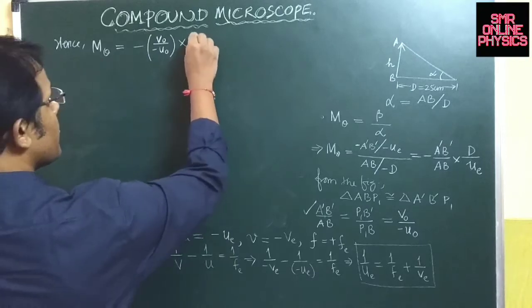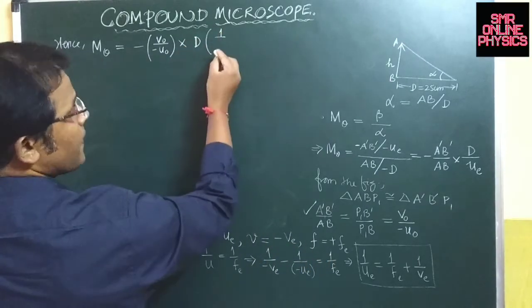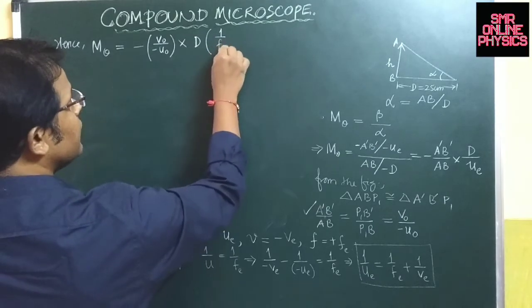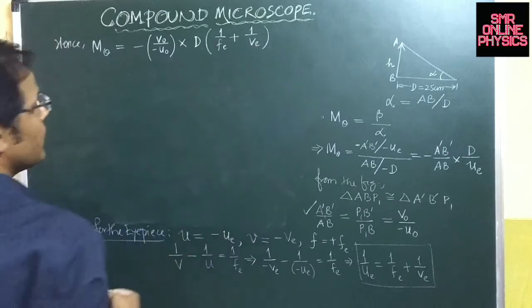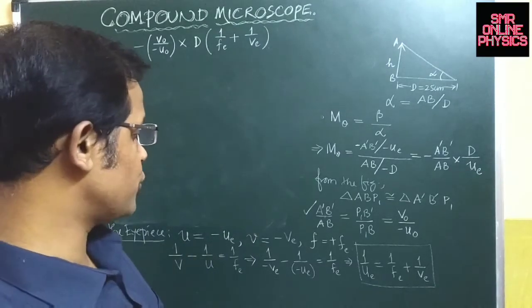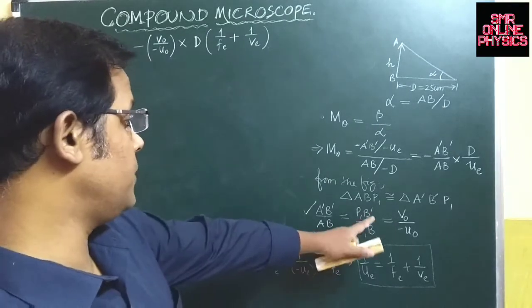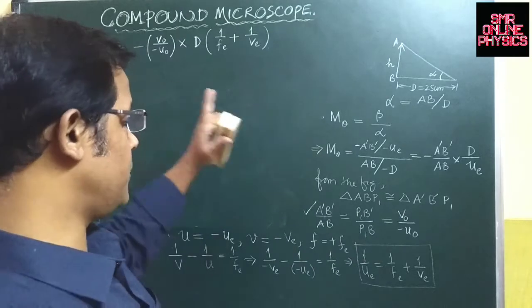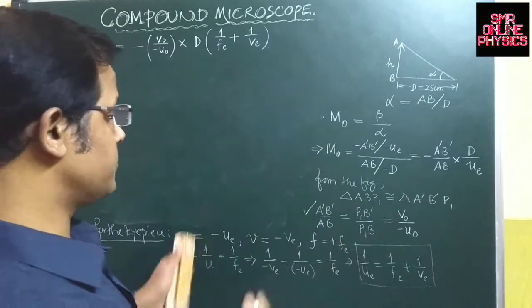D is there. And this is your 1 by UE, so that comes out as 1 by FE plus 1 by VE. Okay, are we all going good and great? No issues with sign conventions. Anyway, the diagram is gone. P1B dash, right side. P1B on the left side. All good. Right, minus, yeah.